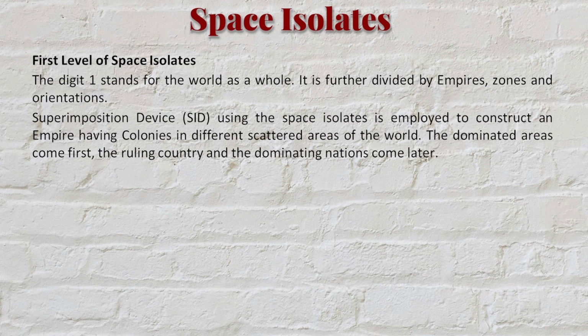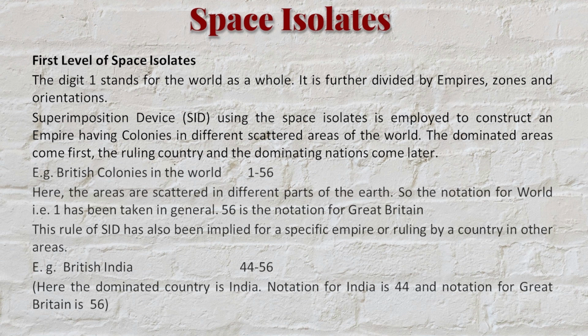Superimposition device using the space isolates is employed to construct an empire having colonies in different scattered areas of the world. The dominated areas come first, then the ruling country or dominating nation, as for example, British colonies in the world, 1-56. Here, the areas are scattered in different parts of the earth. So the notation of the world, that is 1, has been taken in general, and 56 is the notation for Great Britain.